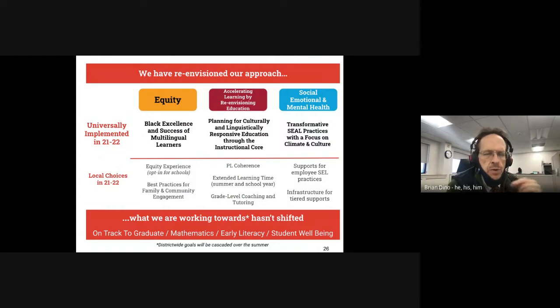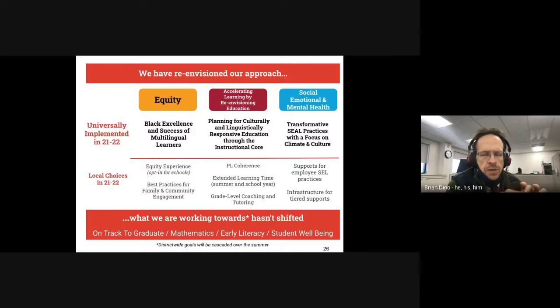And again, where we started this school year, we re-envisioned our approach in DPS with 3 key focus areas: 1, equity; 2, accelerating learning by re-envisioning education; and also social emotional health.